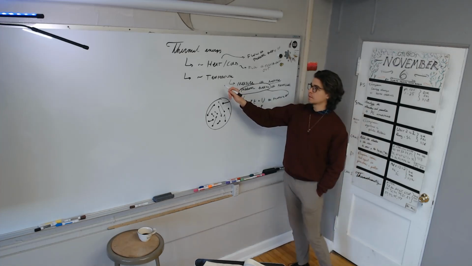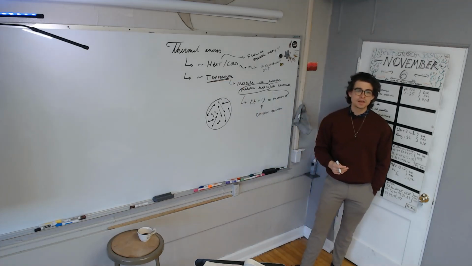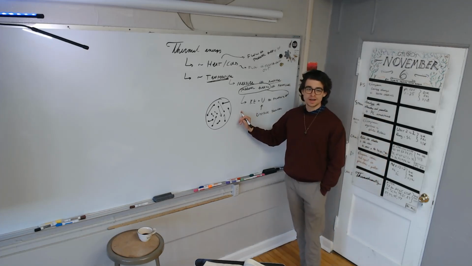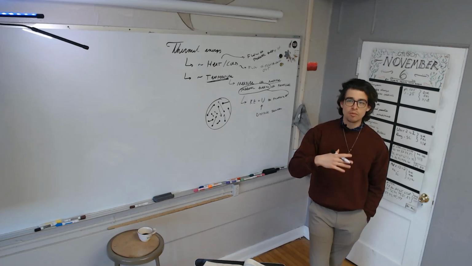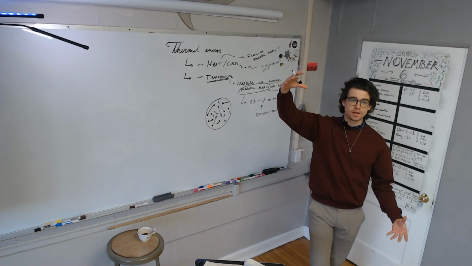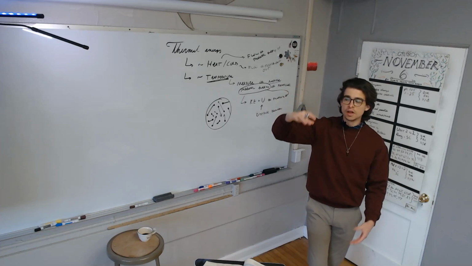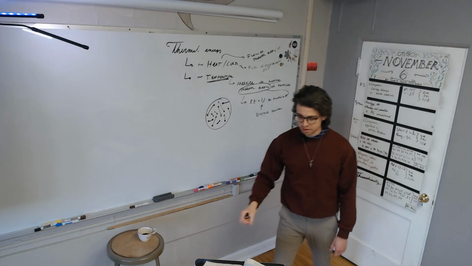And I corrected myself from temperature because when we say how much thermal energy something has, that's actually a total of all of the motion of the particles, and that's immeasurable. We can't measure that. We'll talk about that in Chemistry 2, if you take Chemistry 2, but we can't measure the total thermal energy of something, because we have to measure the speed and the distance between all the particles, which we can't do. So we usually talk about the temperature. That's how we measure thermal energy, with temperature instead.